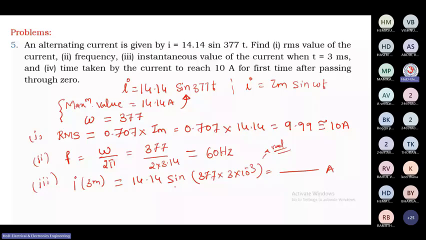Next, fourth one, you have to find the time taken by the current to reach 10 amperes. Okay. So fourth point, you need to see from the same equation. Now current is given as 10. 10 is equals to 14.14 sine 377 t.